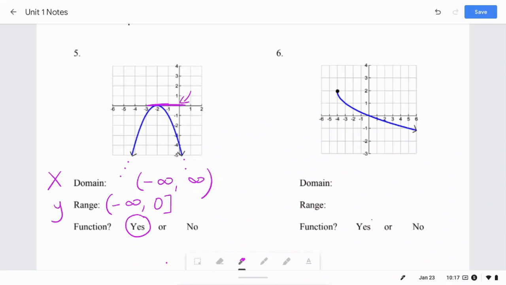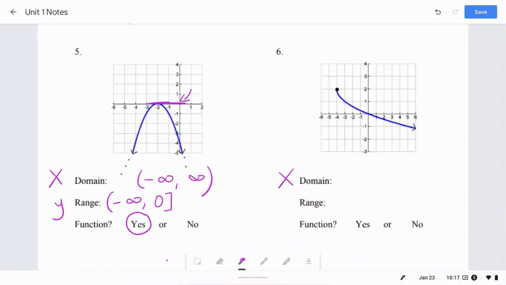Next example, example 6, how far to the left does this graph go? It stops here, which is at negative 4. And then how far to the right is it going? Since there's an arrow, it's going forever towards the right, which is towards positive infinity. For the range, how far down is this graph going? Well, technically, it's going to keep getting wider and wider as it goes downwards.